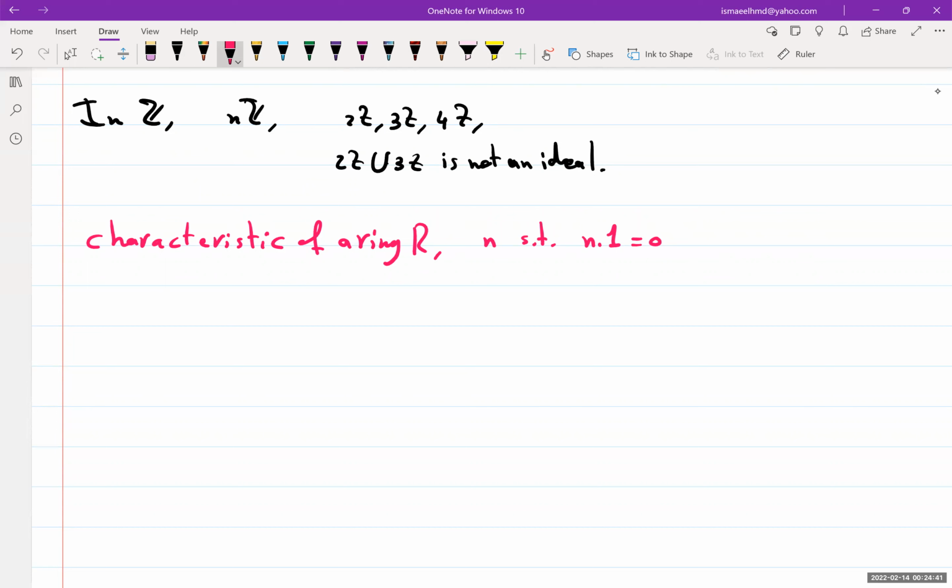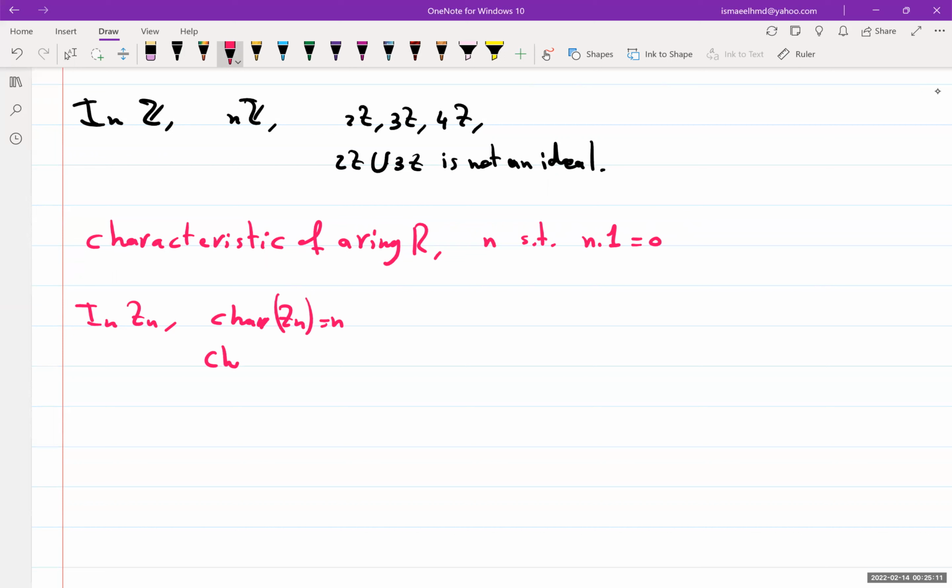For example, in Z_n, the ring of integers modulo n, the characteristic is n. So the characteristic of Z2 is 2, and Z3 is 3, and Z5 is 5, and so on.